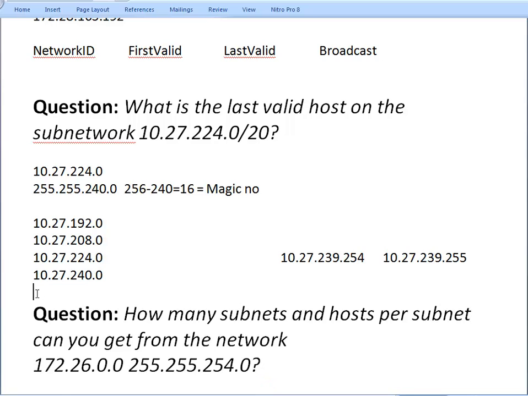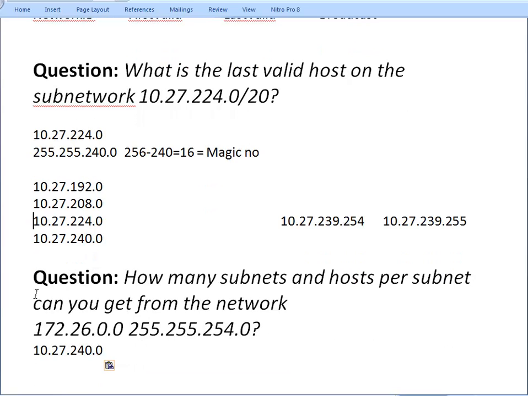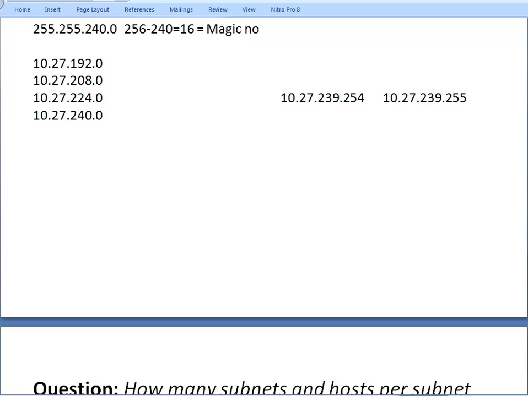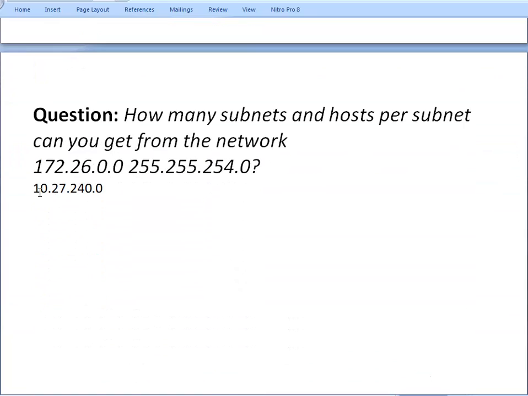Let me just copy some of these fonts. How many subnets and hosts per subnet can you get from this network?